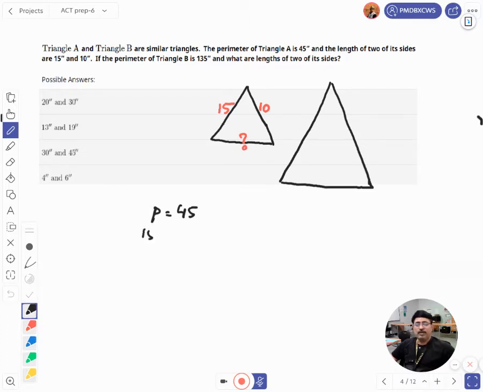So it is 15 plus 10 plus the third side equals the perimeter, 45. 15 plus 10 gives me 25. 25 plus x is 45. You can do it easily. You subtract 25 on both sides, then you end up with x is 20, which means this side is 20 units.